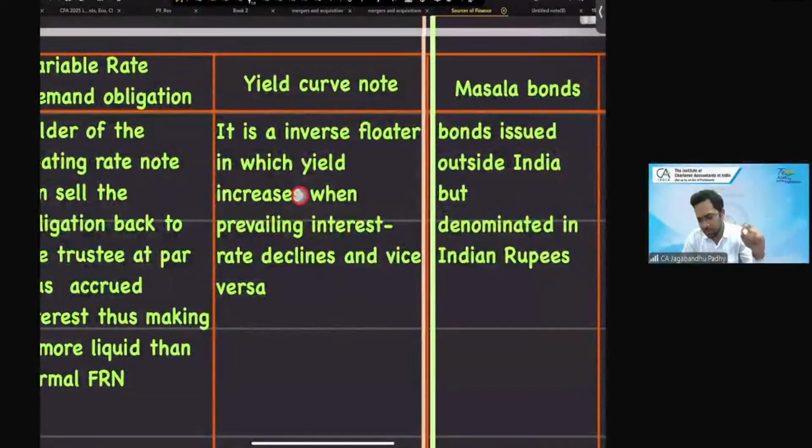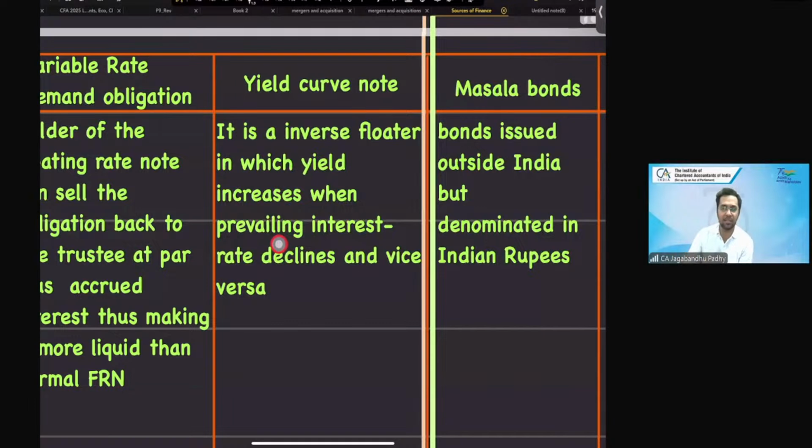Generally, what you observe is that as the rate of interest rises in the market, the interest rate on the bonds that are being issued in the market also rises, right? So if the rate of interest is rising in the market due to RBI action, the rate of interest for the bonds also rises. But these yield curve notes are a different kind of bond where the yield increases when the prevailing interest rate declines.